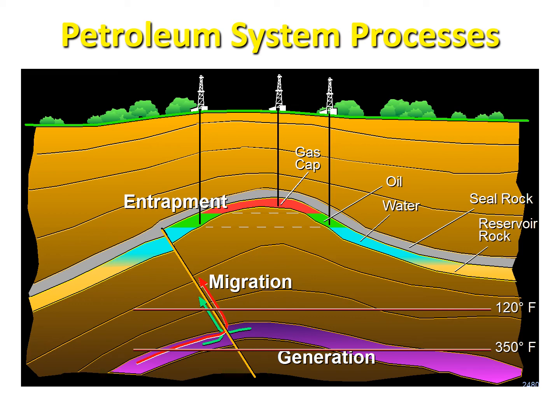Okay, so to make these processes from generation, migration, accumulation, and preservation work in relation to the elements of the petroleum system, there must be proper timing of events from the generation until the preservation. So at the end, you have to form an event chart representing all the petroleum systems and elements of a basin.